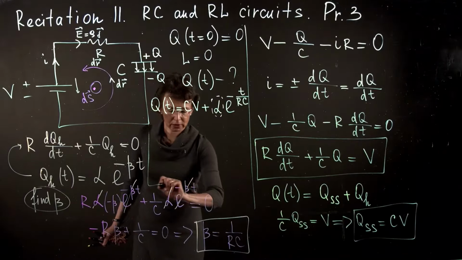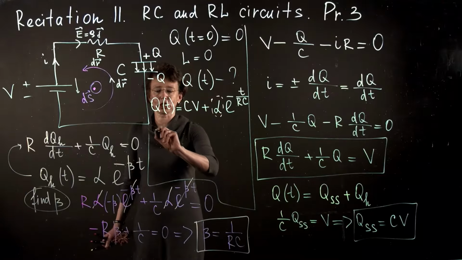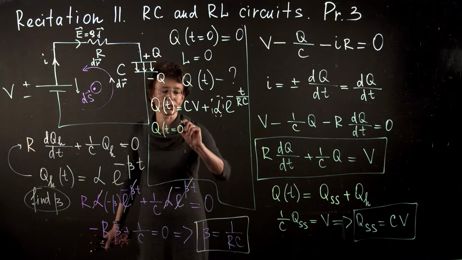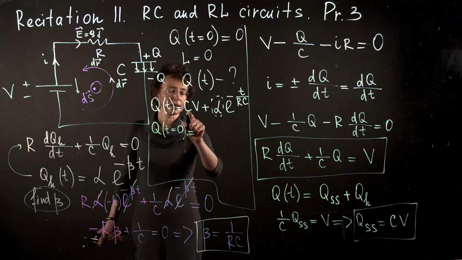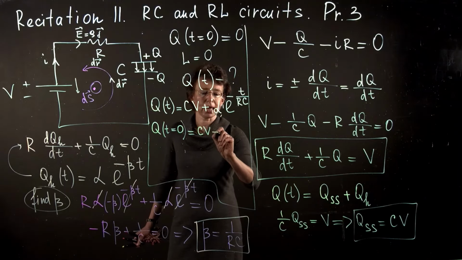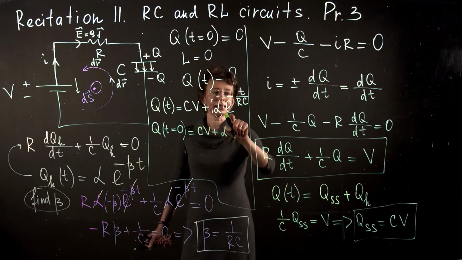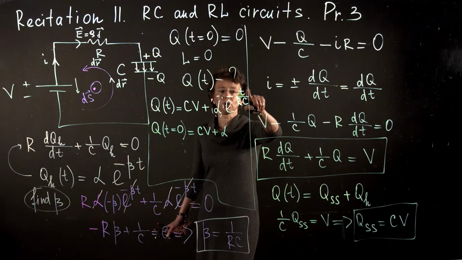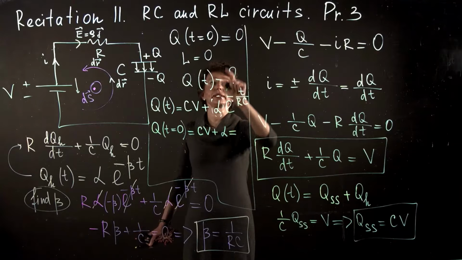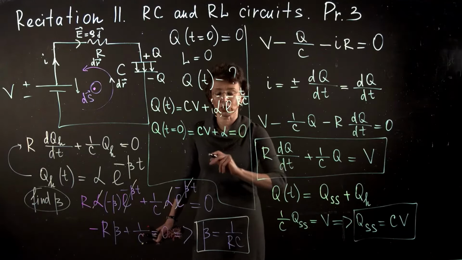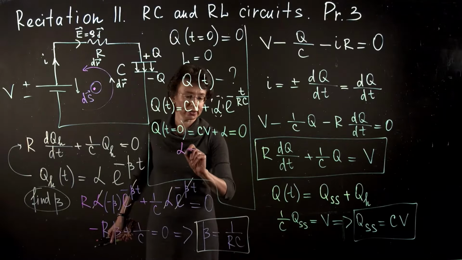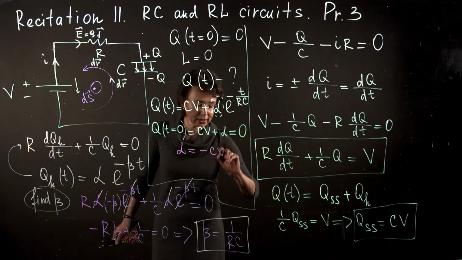To find alpha, let's use our initial conditions that tell us that Q at time moment 0 is, let's look at this formula, CV plus alpha, and e to 0 is 1, so it is just plus alpha. And this is equal to 0 from our initial conditions. So what is alpha? Alpha is equal to minus CV.